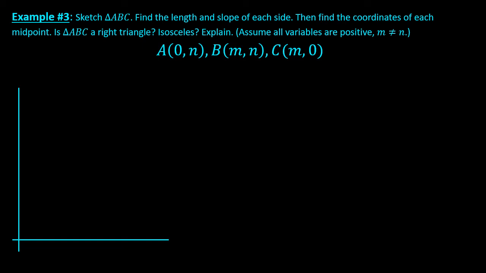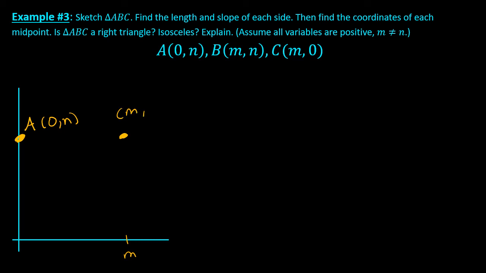All right, so if we think about this figure, we have the point (0, n) for point A. We have the point (m, n) for point B, so I'm going to go over m, and I'm going to go up n.